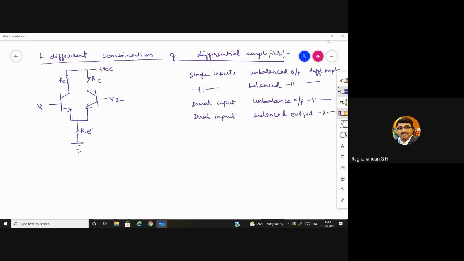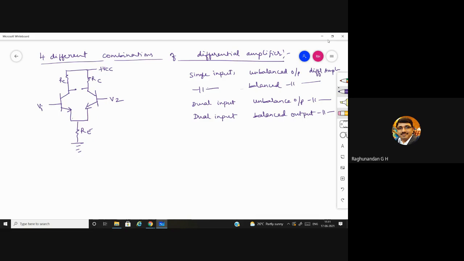So here we are trying to understand on what basis this combination is being done, or in which situation a circuit belongs to a particular type of differential amplifier. As we know, we take the output between these two ends and input is given to the base, V1, V2.